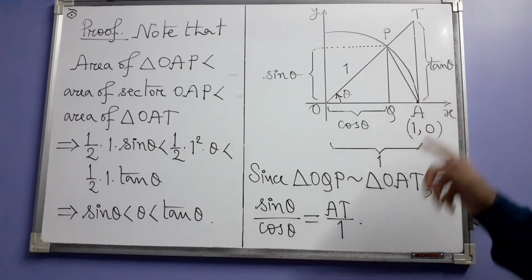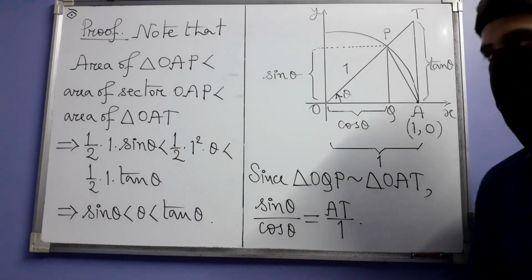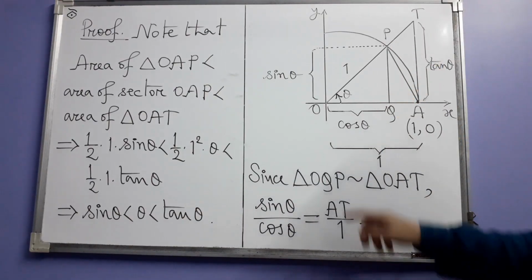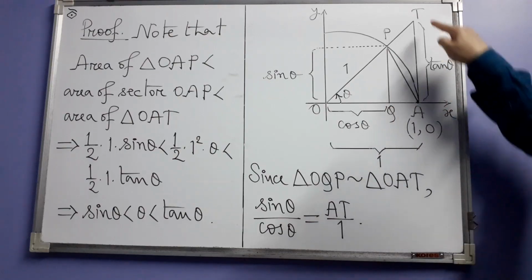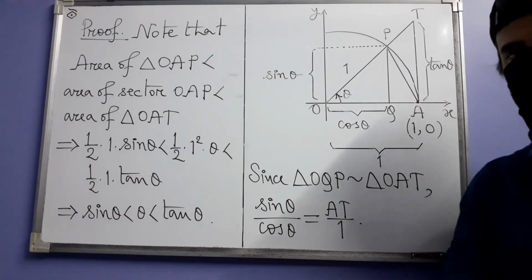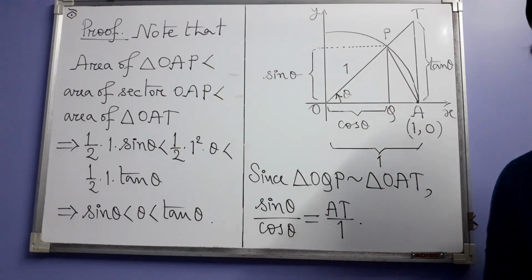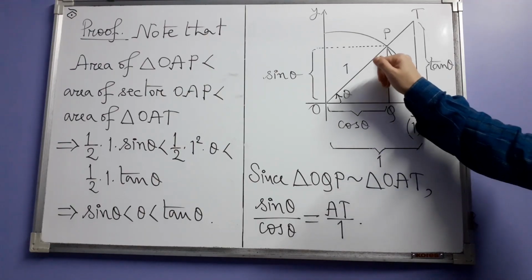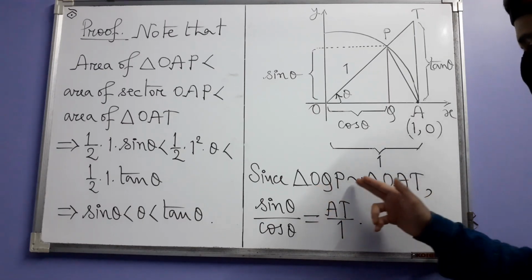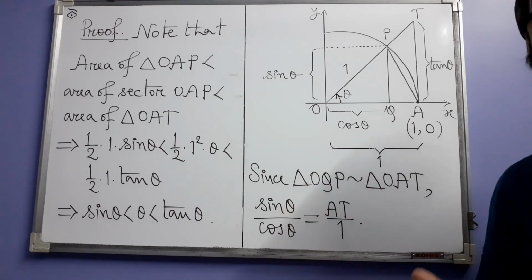Well, you can note that we have two right-angled triangles here in this diagram. One of them is OQP, where Q is the right angle, and the other one is this large OAT, that is also a right-angled triangle. So two angles are right angles, they are equal. These triangles have a common angle also, theta, so that is also equal. So obviously the other two angles will also be equal, and that is why these two triangles are similar, and so their corresponding sides are in the same ratio.